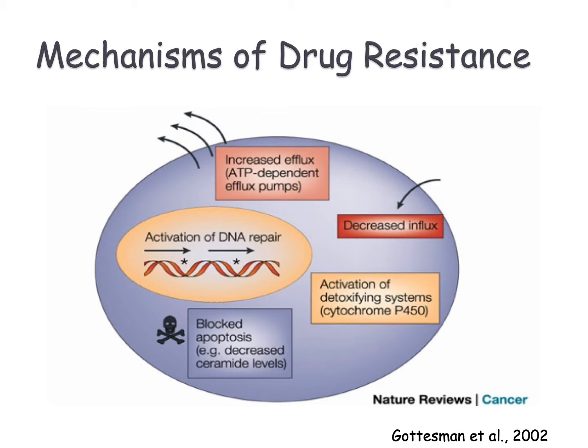Now below that, we can get a change in the enzymes that are detoxifying the drug. Now this is actually an example of a cancer cell, and so you see that we can have activation of DNA repair, and one of the targets of cancer treatment has always been to modify the DNA so that it can't be replicated.